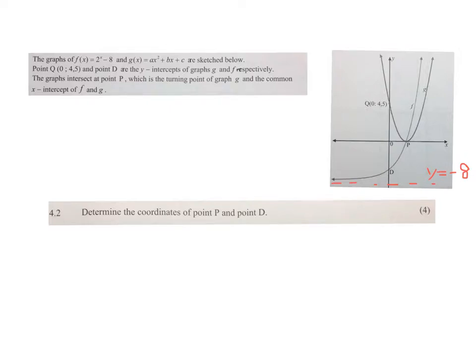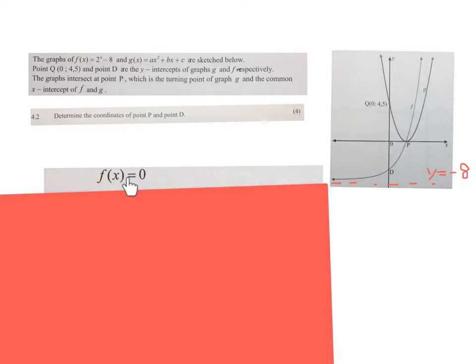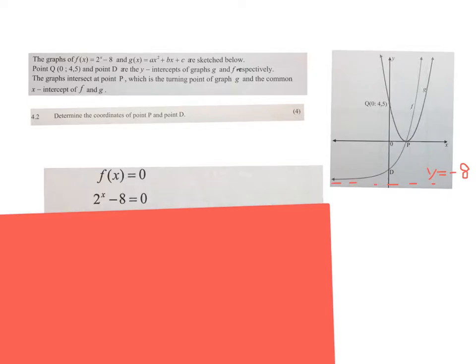Next they asked, determine the coordinates of point P and D. There's D, there's P. P is the turning point of the parabola, but I don't have its equation. But it's also the x-intercept of this graph. So we take the f graph and we make y 0. Rewrite your equation, equate it to 0.